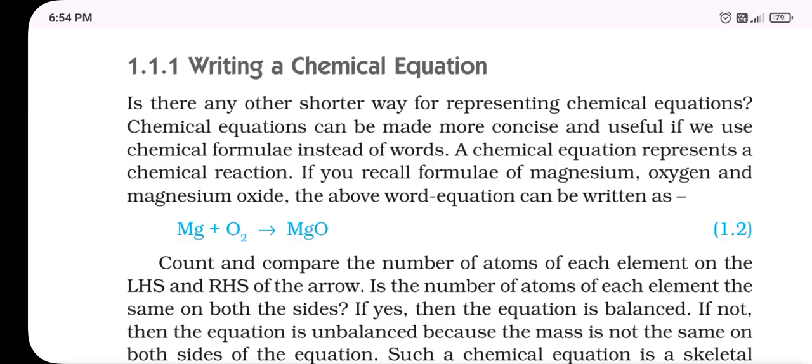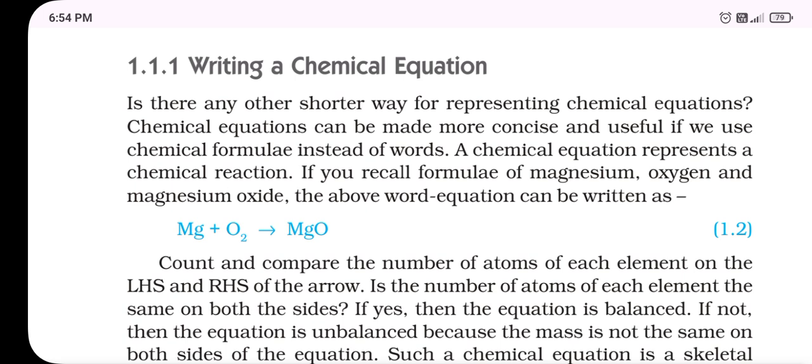But here it says magnesium Mg and oxygen O. Why on the reactant side do we write O2? Because oxygen is present in a very large amount on our earth in the form of O2.